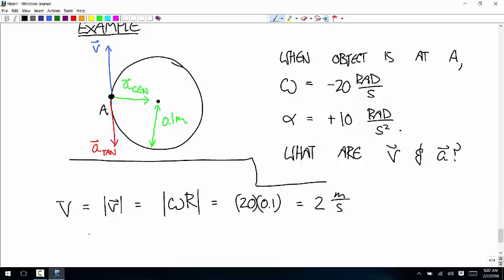And so what's the velocity vector? Well, for the velocity, we figured out that the direction is based on the fact that that's moving clockwise. So 0, positive 2. Any questions about that?